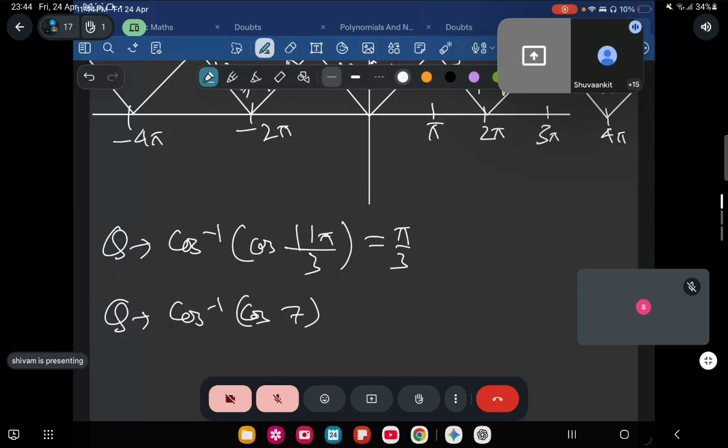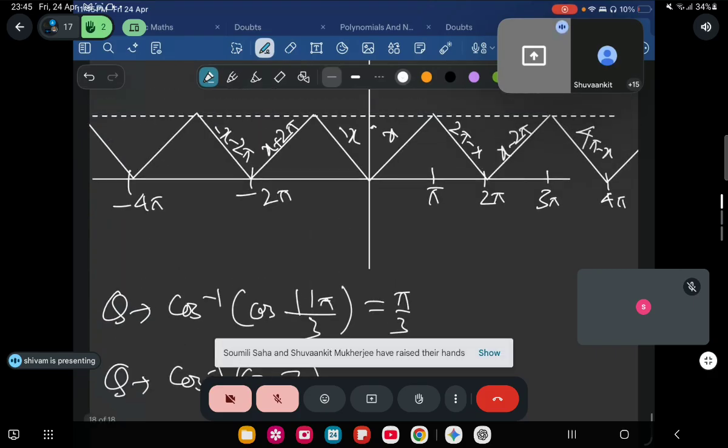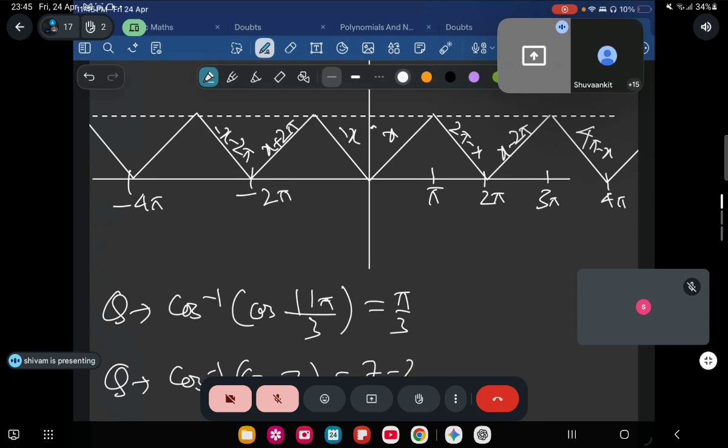Yes, sir. 7 plus 4 pi. 7 plus 4 pi? What are you saying? Think properly. Cos inverse cos 7. So 7 minus 2 pi. Sorry, 7 minus 2 pi. You're using the wrong branch. Think properly. It's 7 radian. Oh, yes, sir. 7 minus 2 pi.